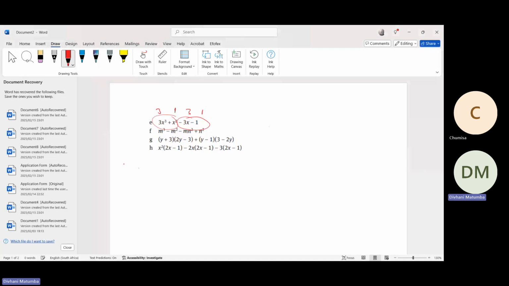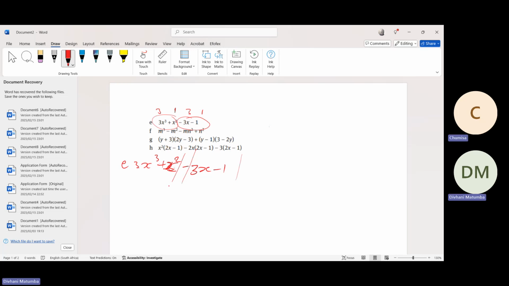So number E, 3x to the power of 3 plus x squared minus 3x minus 1. If you group these two and you group these two, eventually you will have a common factor.